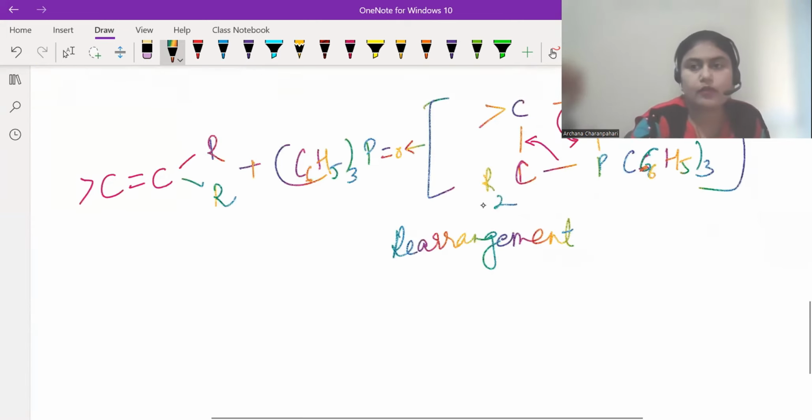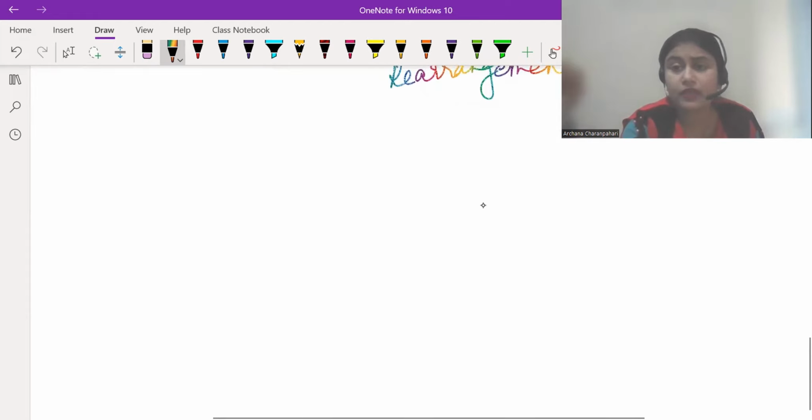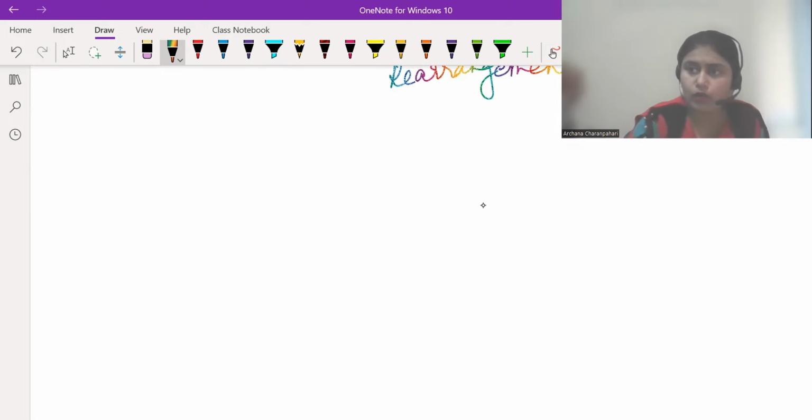Now, what are the applications of this reaction? Obviously, converting a carbonyl group to an alkene group or olefin group.